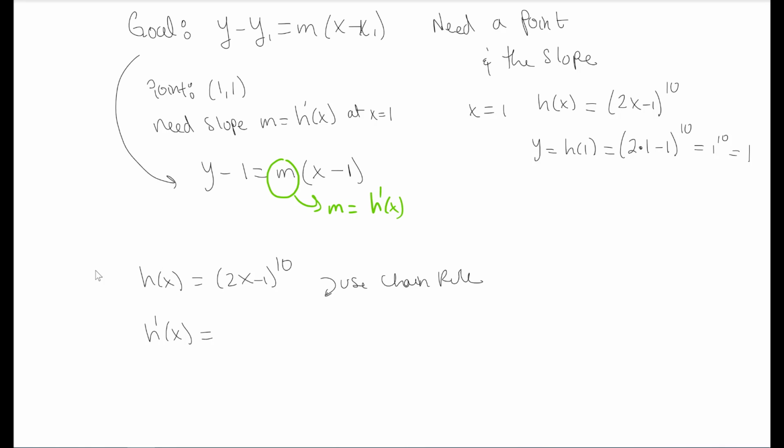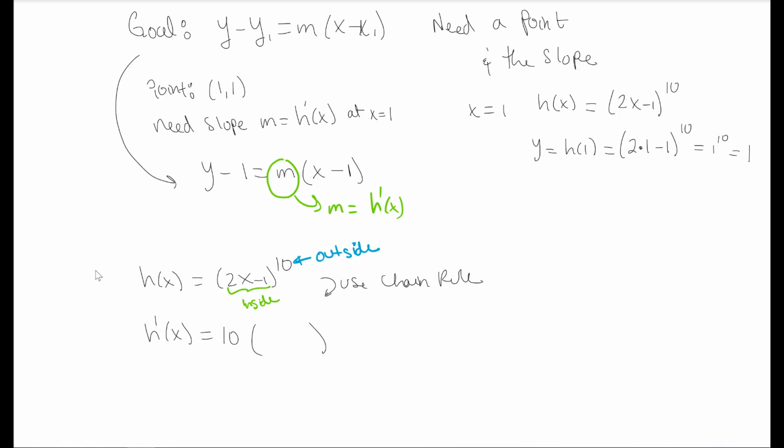So this is one of those where I don't really want to multiply that out 10 times. So we're going to use the chain rule. So the derivative of this is we're going to do, again, the outside function, which is the 10th. And then 2x minus 1 is the inside function. So the chain rule says take the derivative of the outside first. So I'm going to have 10 times the inside left alone.